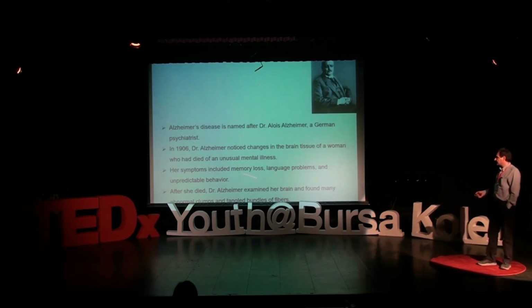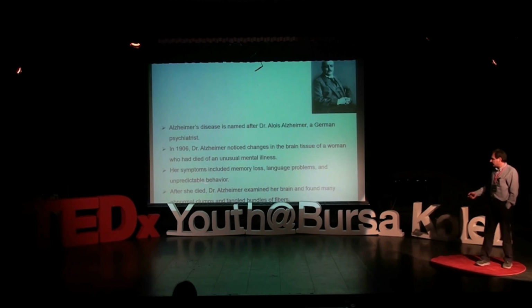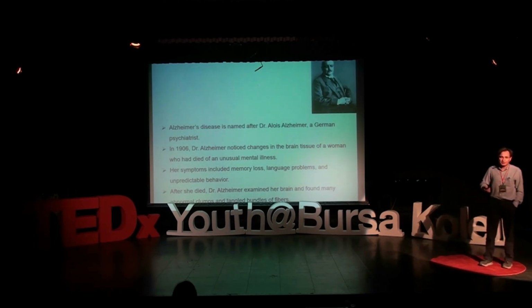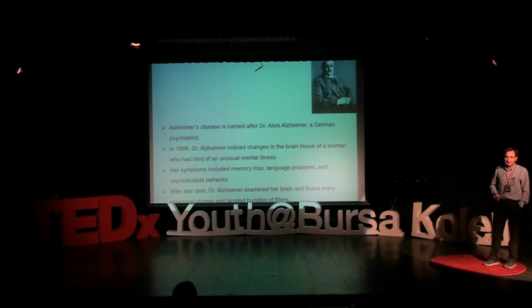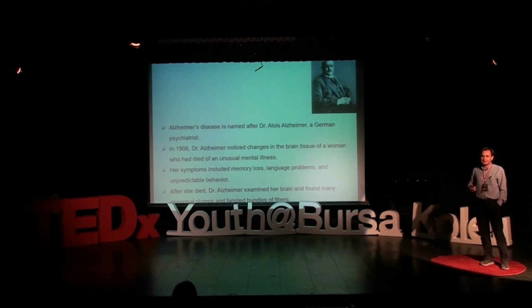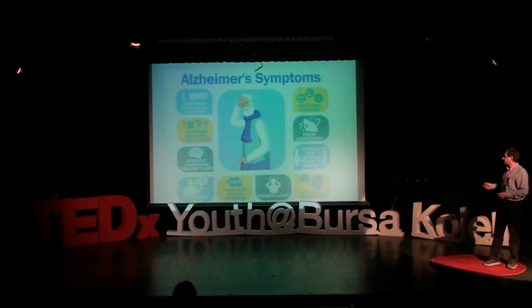After she died, Dr. Alzheimer examined her brain and found many abnormal clumps and tangled bundles of fibers. These abnormal clumps are now called amyloid plaques, and the tangled bundles of fibers are called neurofibrillary tangles, which are caused by tau protein. I'll come to that in a bit.